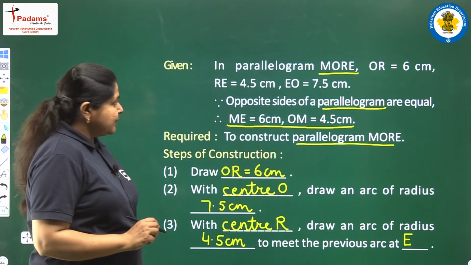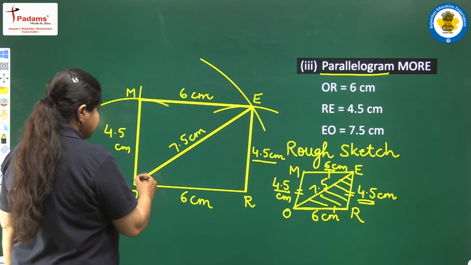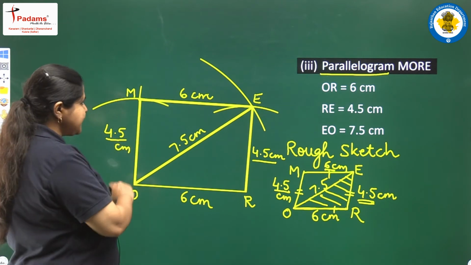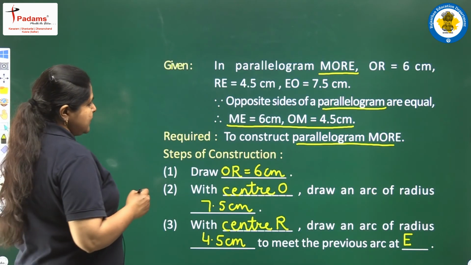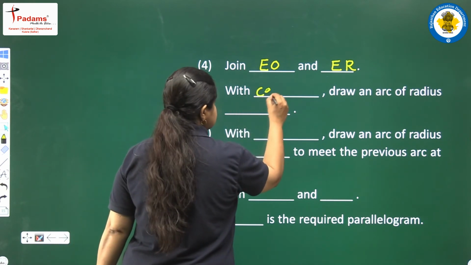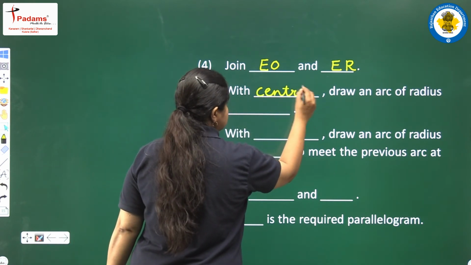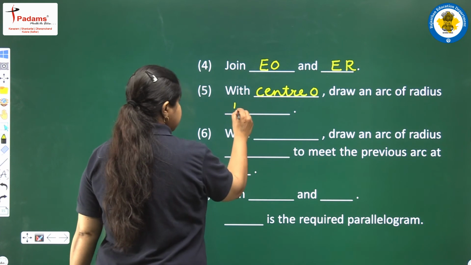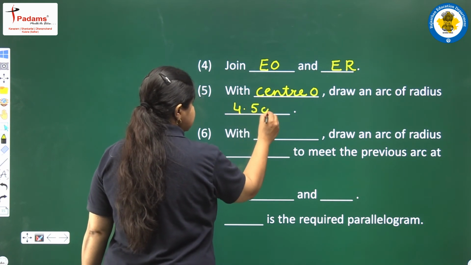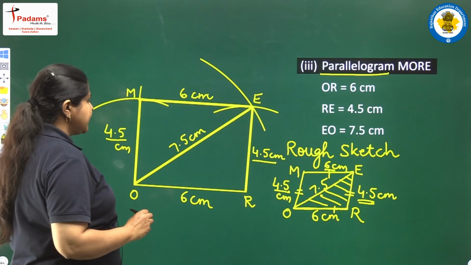Then what next? With O as center and radius 4.5 centimeters, draw an arc. So, we will write here with center O, draw an arc of radius 4.5 centimeters. Then what next we did?